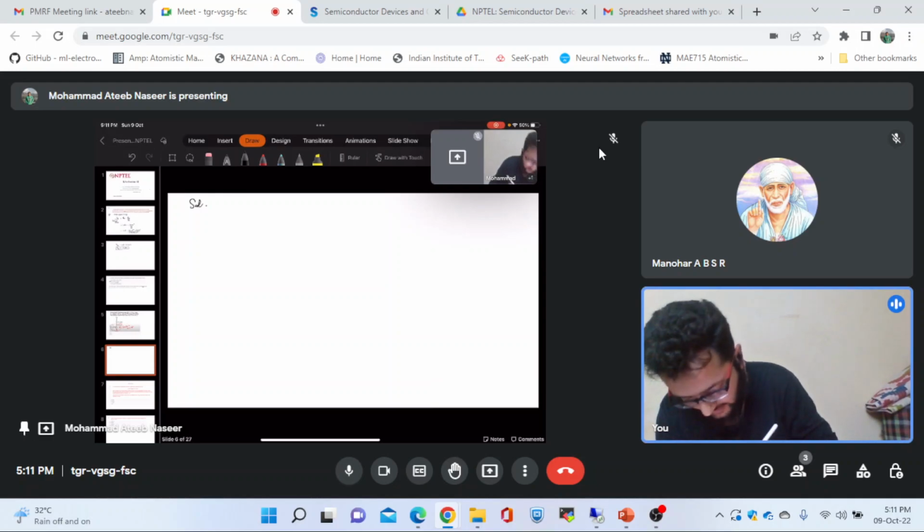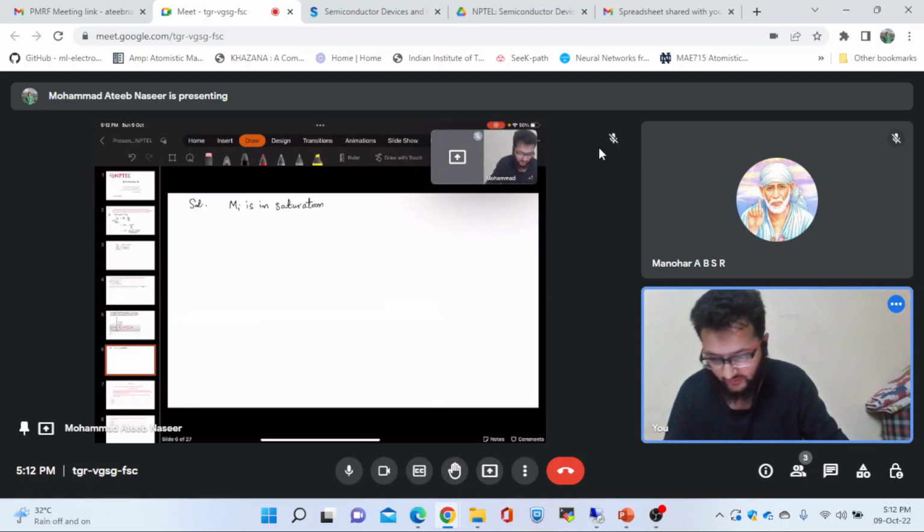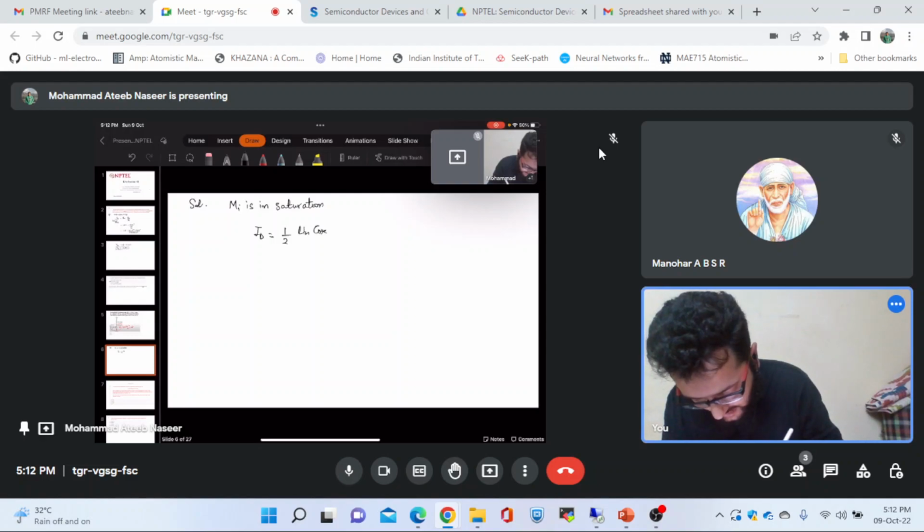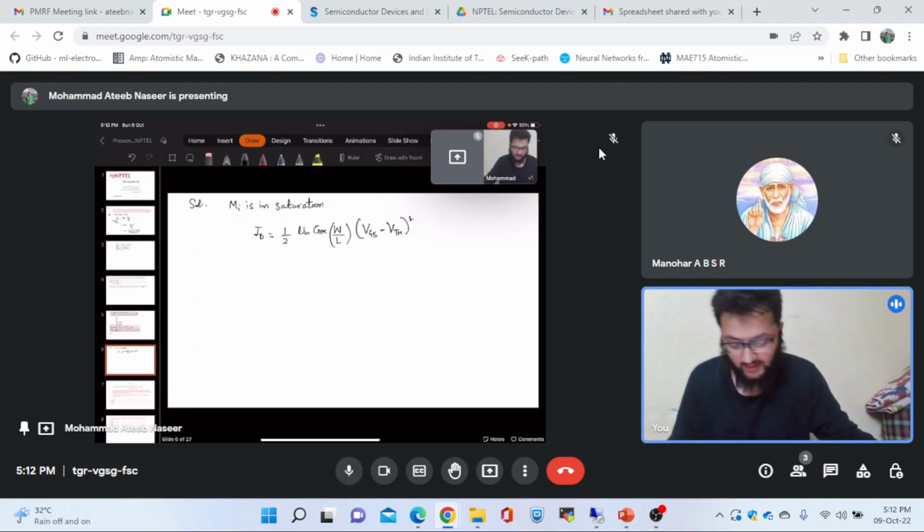If I now take this M1 in saturation, the current expression for this MOSFET will simply be ID equal to 1 half mu n Cox, W by L, VGS minus VTH whole square. So this is our current expression for the MOSFET.